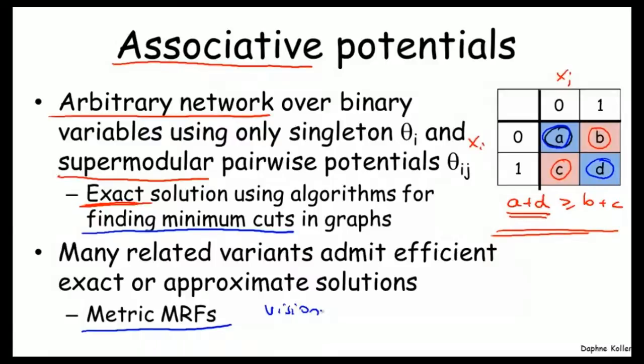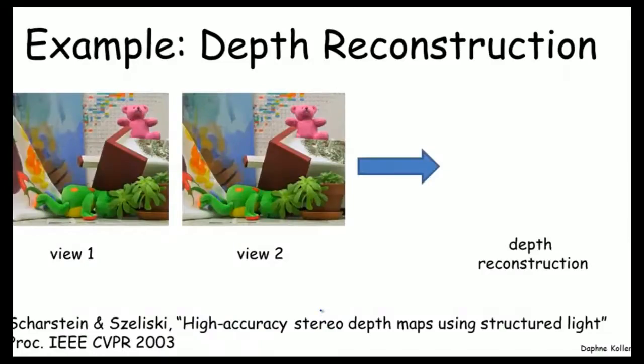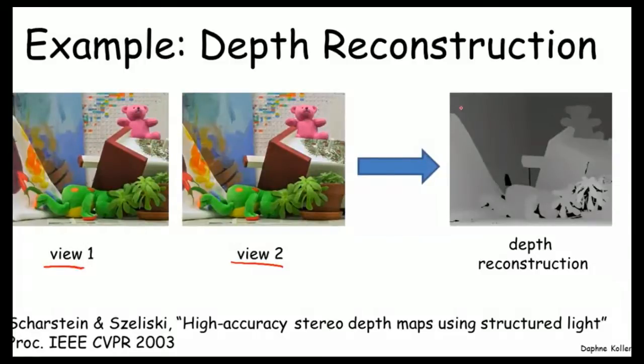So one such example is in the context of depth reconstruction, where we have two views of the same object taken from slight disparities, say using a stereo camera. So here is view 1 and view 2 of the same scene, and you can see that they're slightly different from each other. We're trying to infer the following image that tells us for each pixel in the image what is the actual depth, that is the z dimension.